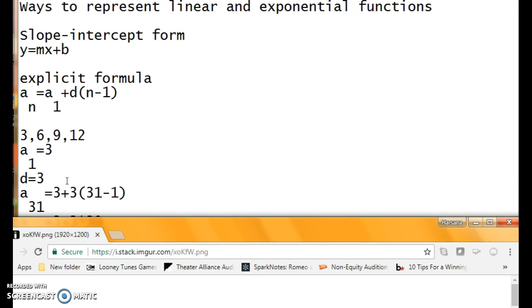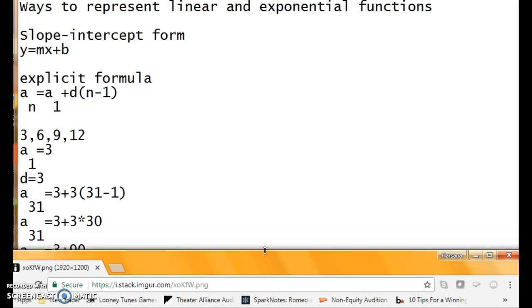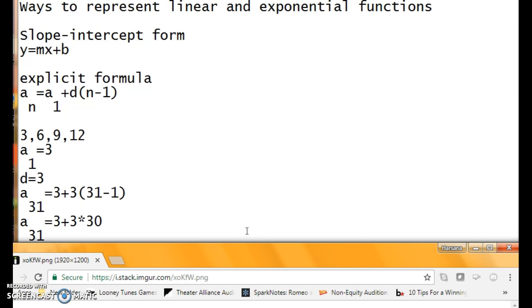So it would be 3 plus 3 times 31 minus 1. Any person who knows the order of operations, which you all should know, would know that you must do the parentheses first. So we would subtract 1 from 31, which would be 30. So the equation would now be a sub 31 equals 3 plus 3 times 30.